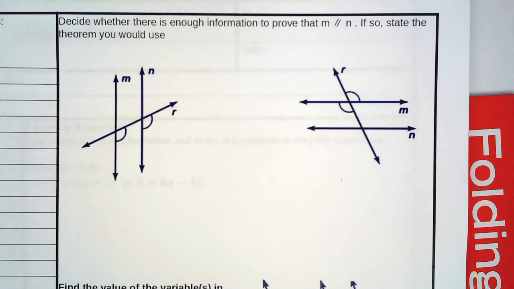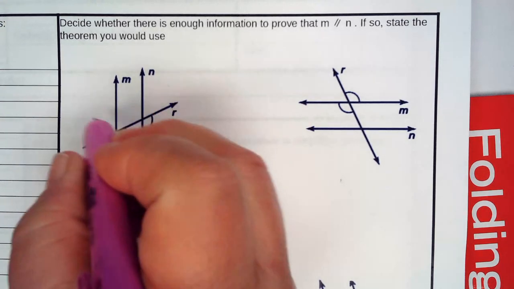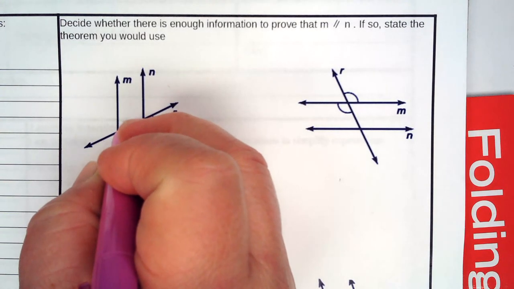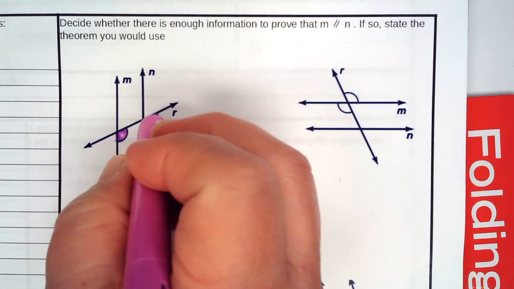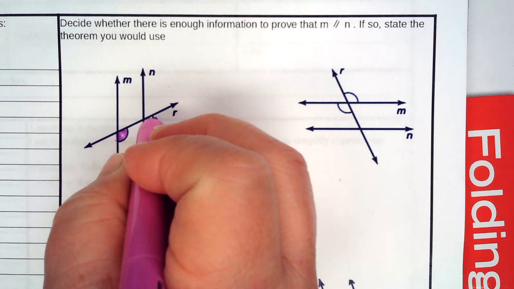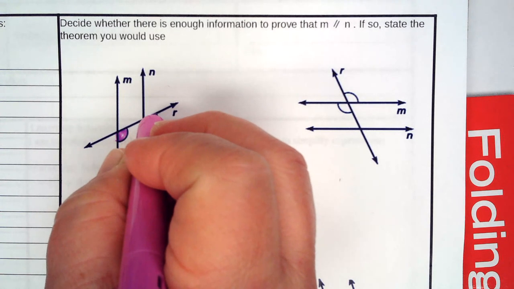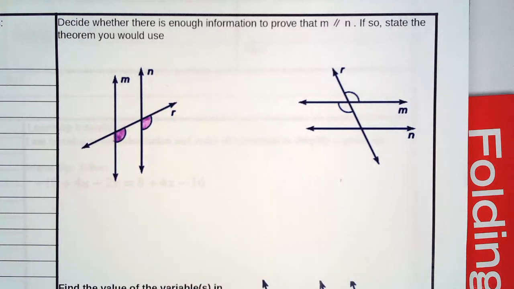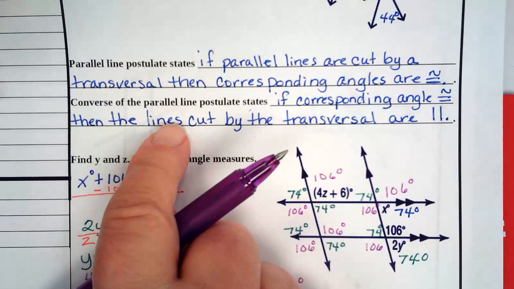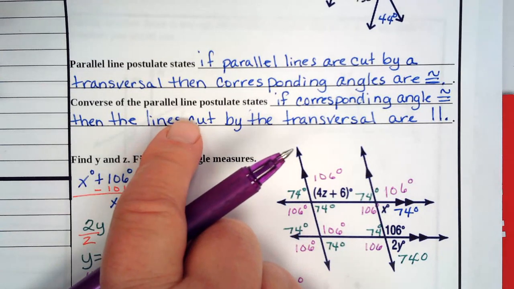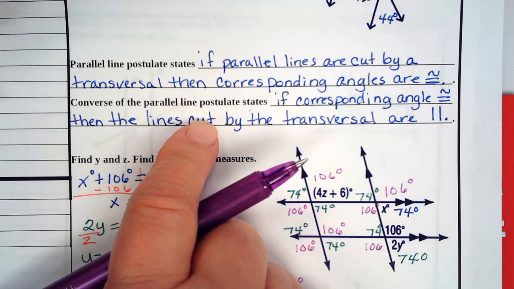Okay, so as I'm looking at the first one, I've got two angles that they tell me are congruent. This angle is congruent to this angle. What kind of angles are those? Well, they're corresponding angles. So if I'm looking at my two theorems, I would use the converse of the parallel line postulate.